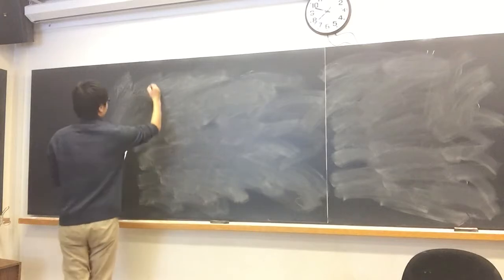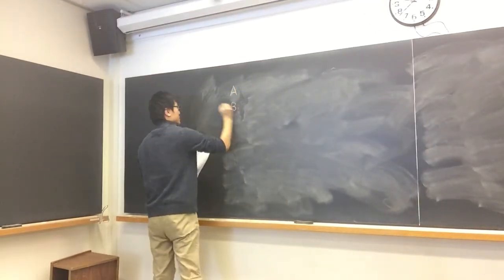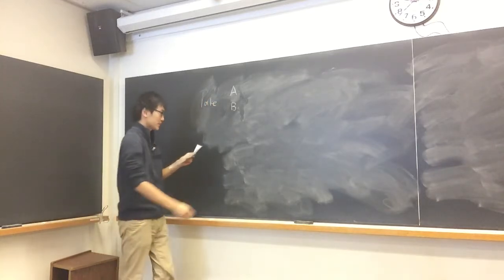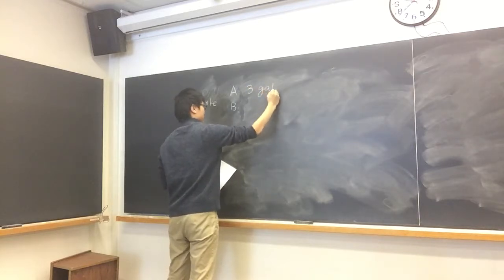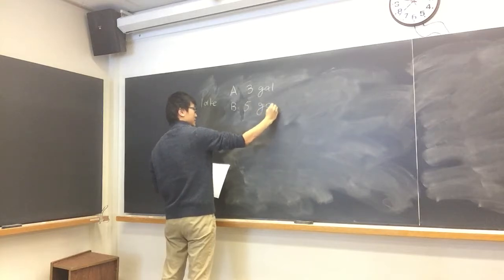So our problem is we have a lake and two bottles A and B, and bottle A can only contain 3 gallons, and bottle B can only hold 5 gallons.